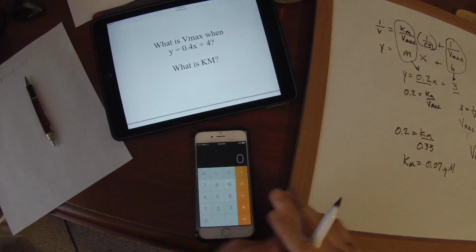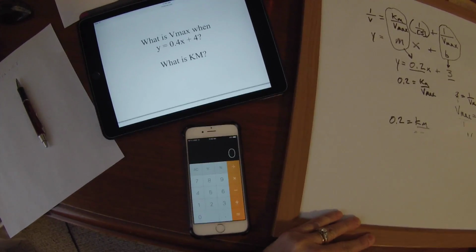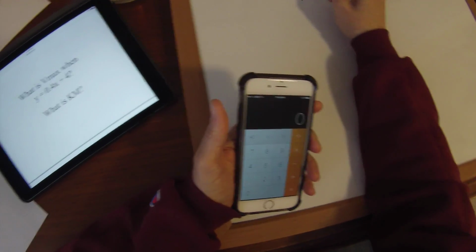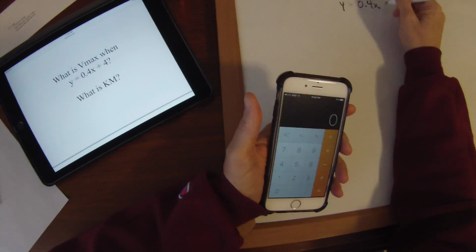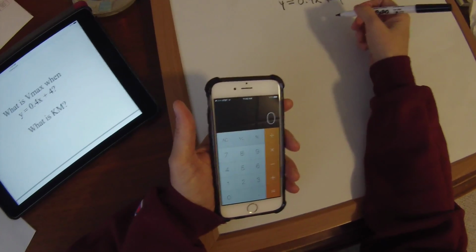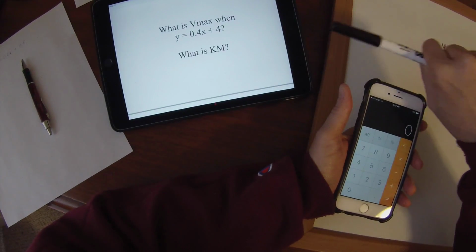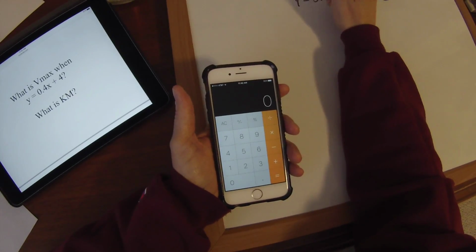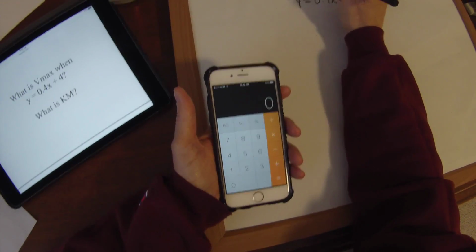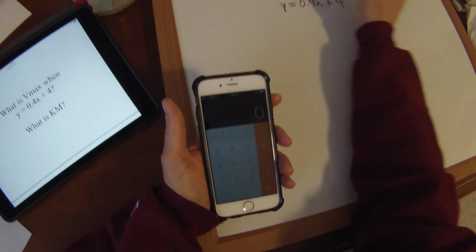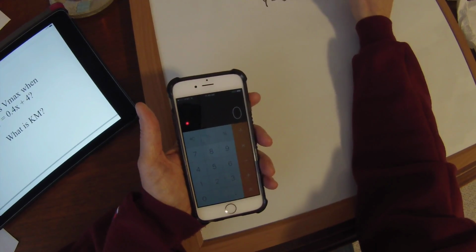Here's another example. This one says if the equation that you get is y equals 0.4x plus 4, then it asks for Vmax first, remembering that this is 1 over V, this is Km over Vmax times the x, which is 1 over the substrate concentration, plus 1 over Vmax.